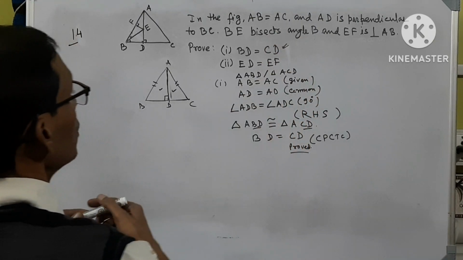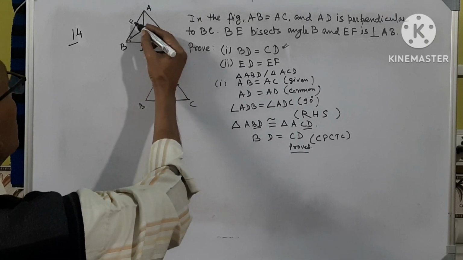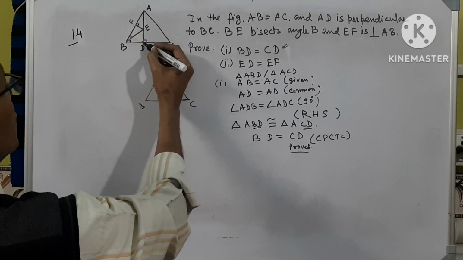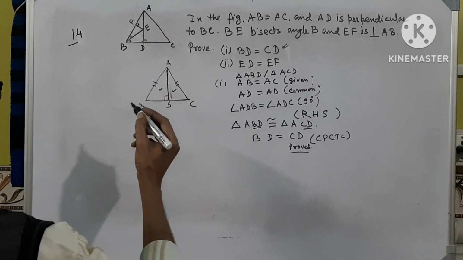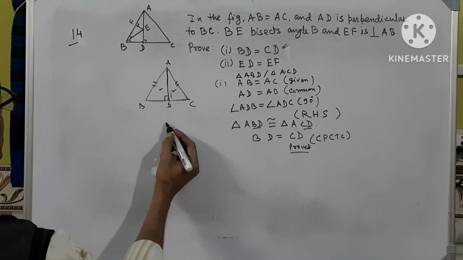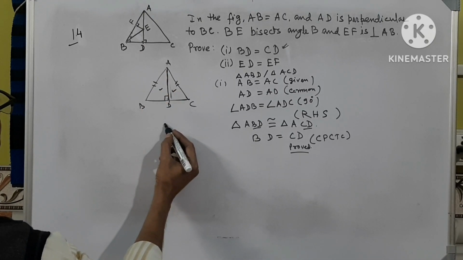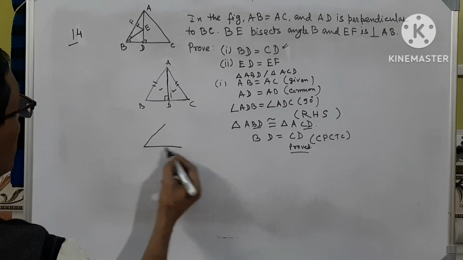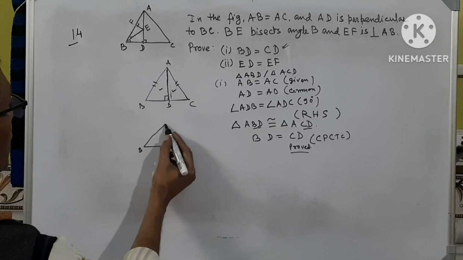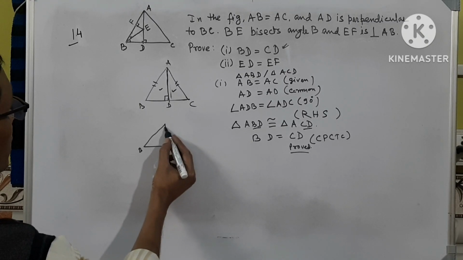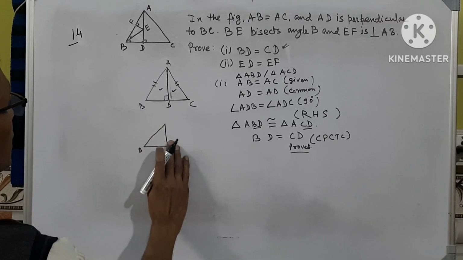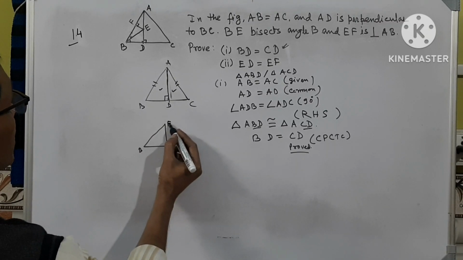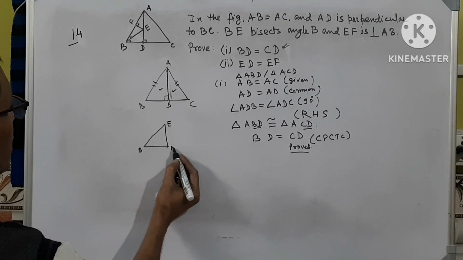Next, prove ED equal to EF. Now I can draw this line. B, E is here and D is here.